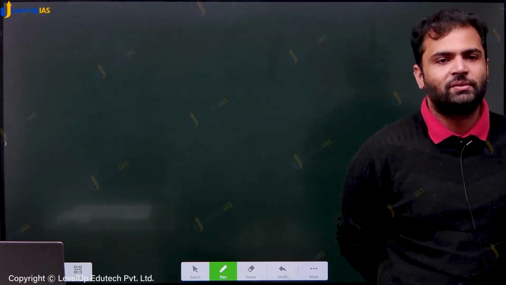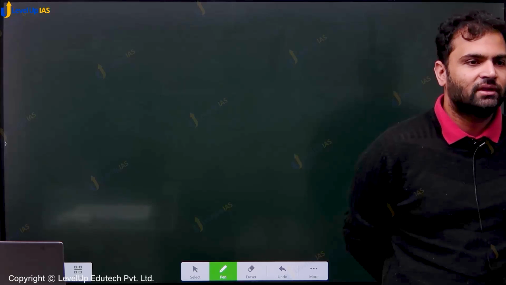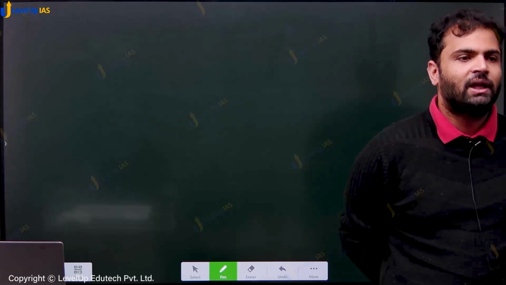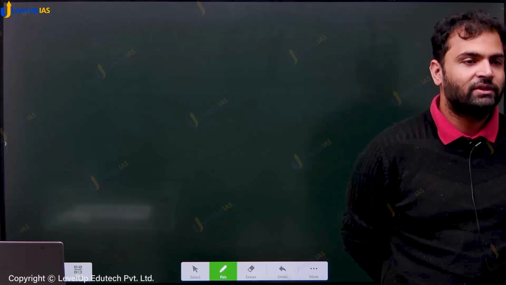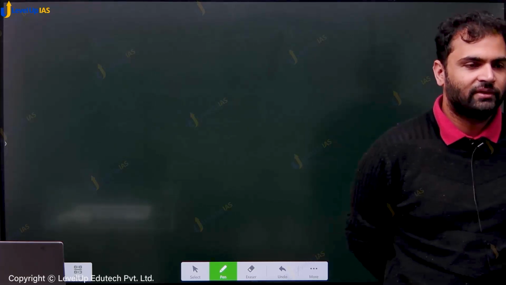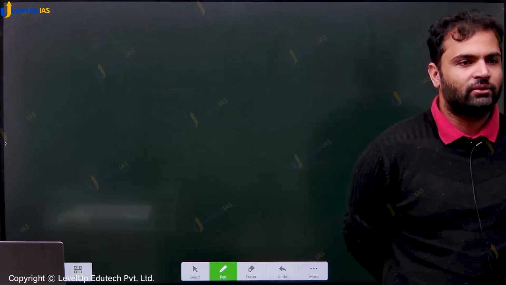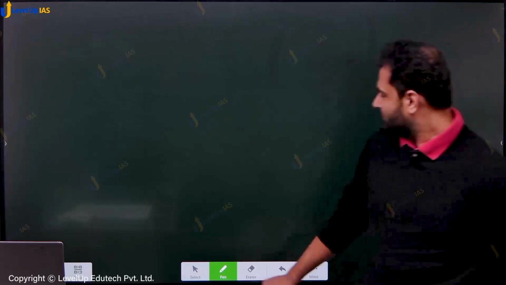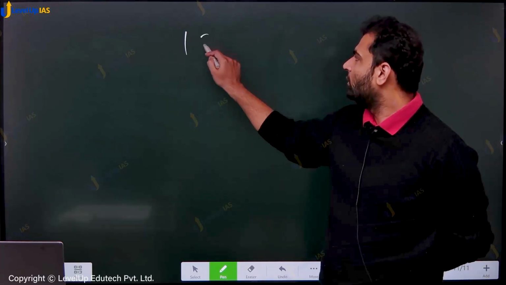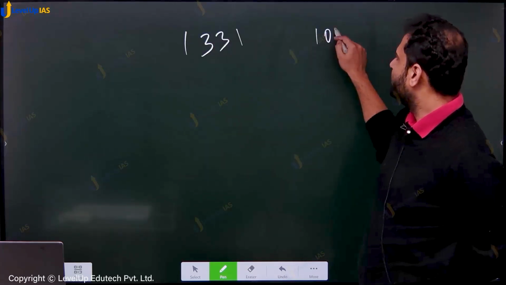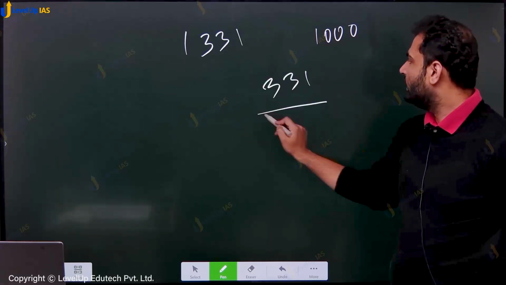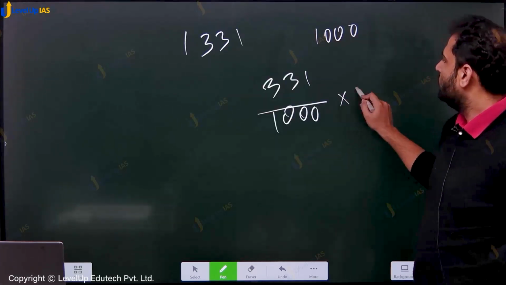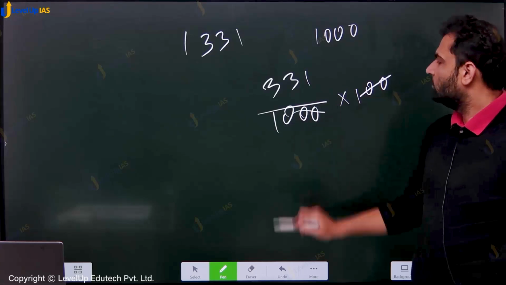It is increased by 10%. So 10 becomes 11. And 11 cube is 1331. मैंने बोला था 15 तक रट के रखो। तो new volume 1331, old volume 1000. What is the change in volume? 331 divided by initial into 100 is your percentage change.